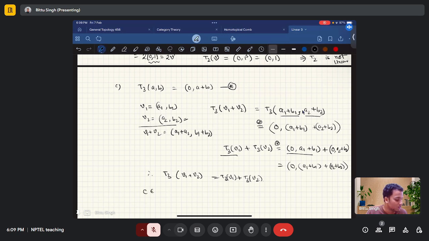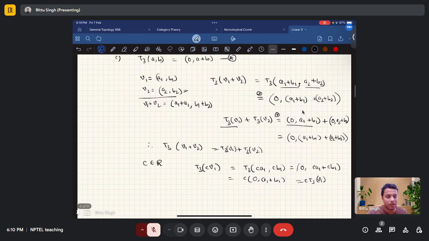So take C from the scalar field R. If we apply T3 to C V1, which is T3 of C A1 comma C B1, by coordinate-wise scalar multiplication and by definition this is 0 comma C A1 plus C B1. Taking C common, this is C times T3 V1.